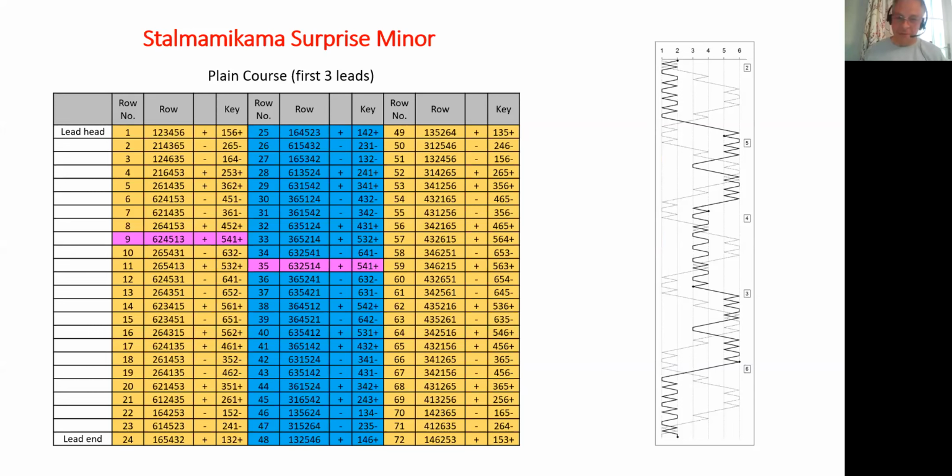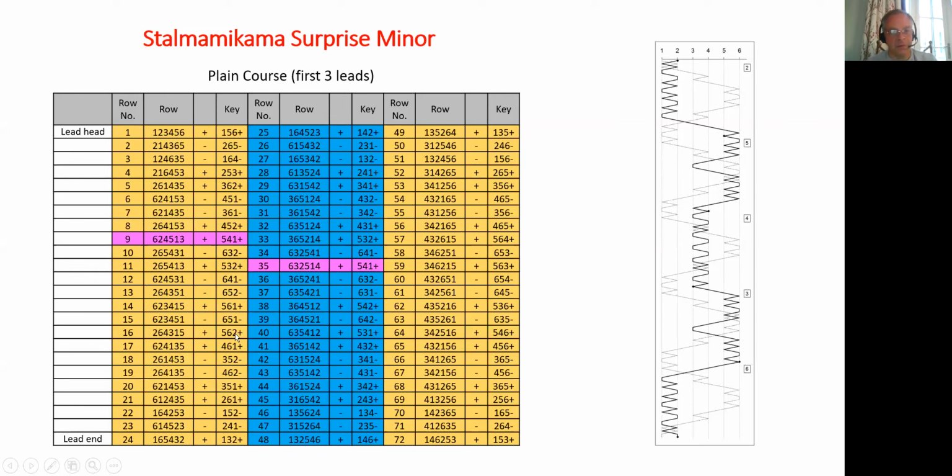because it effectively means that it's going to be impossible for us to ring an extent of this method because of this duplication of keys. If we just look very briefly at all the rows where the treble is in fifth place, so all the ones that start with 5, just looking down the first column, we've got 541 plus, 532 plus, 561 plus, 562 plus.